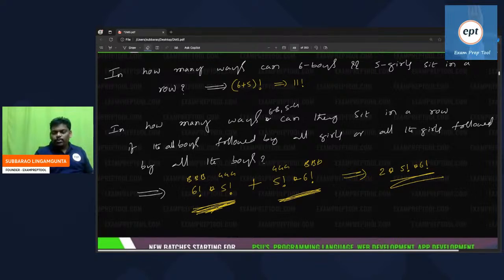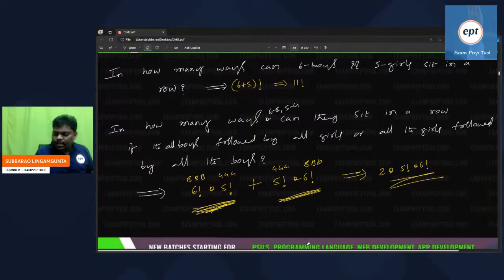In how many ways can 6 boys and 5 girls sit in a row? Totally 5 plus 6, which is 11 people, and they can sit in whatever order they like.